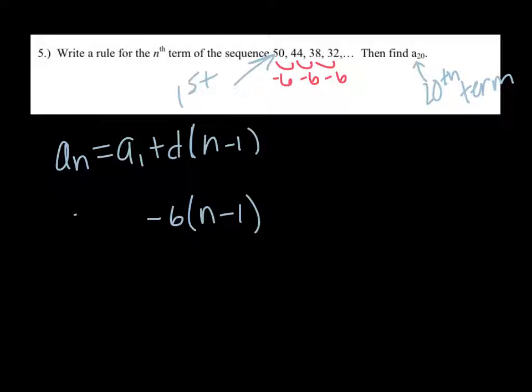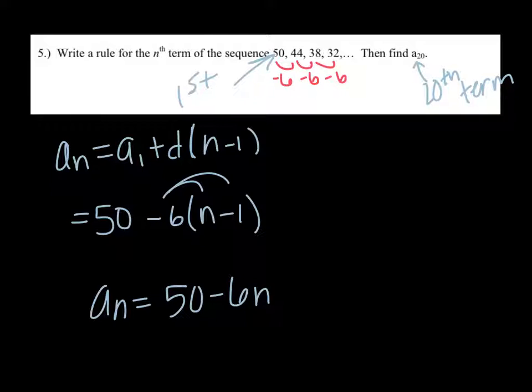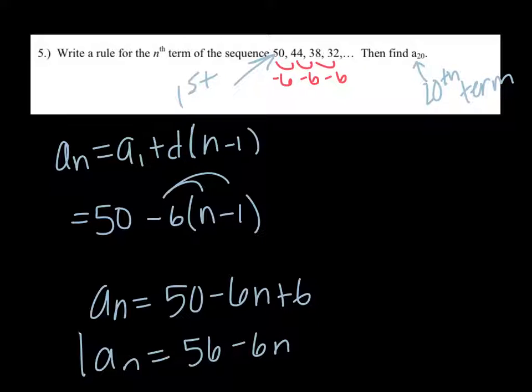So that's going to go where your a sub 1 is. If you simplify this, a sub n is going to equal 50 minus 6, and negative 6 times negative 1 is plus 6. So a sub n equals 56 minus 6n. So that's going to be your rule.